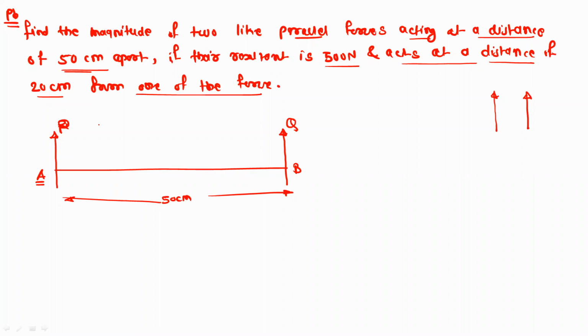Okay, so assume the distance of the resultant from point A, or with respect to force P, is 20 centimeter. So take this 20 centimeter, and this is the resultant.